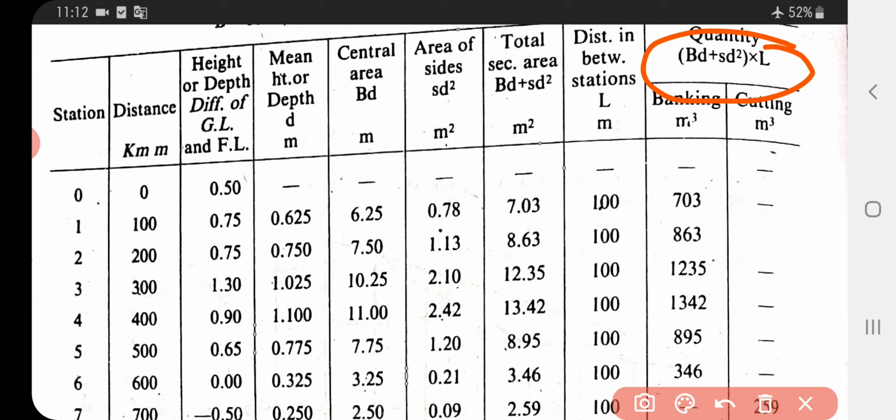Now from BD, B equal to 10 as given in the question. When you multiply 10 with this, 10 into 0.625, you get 6.25. When you multiply by this, you get 7.50, and so on.